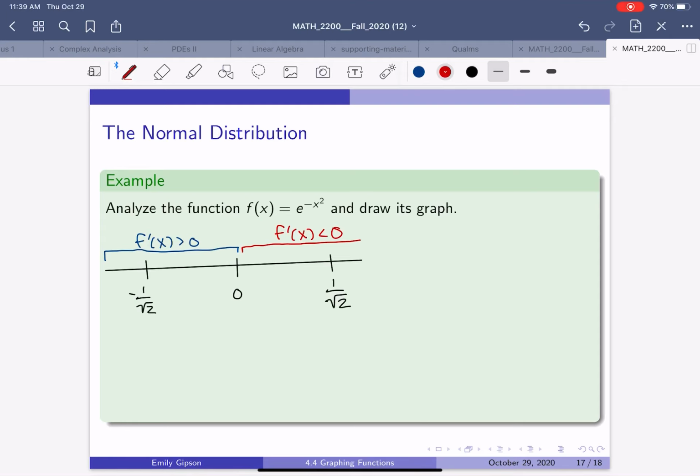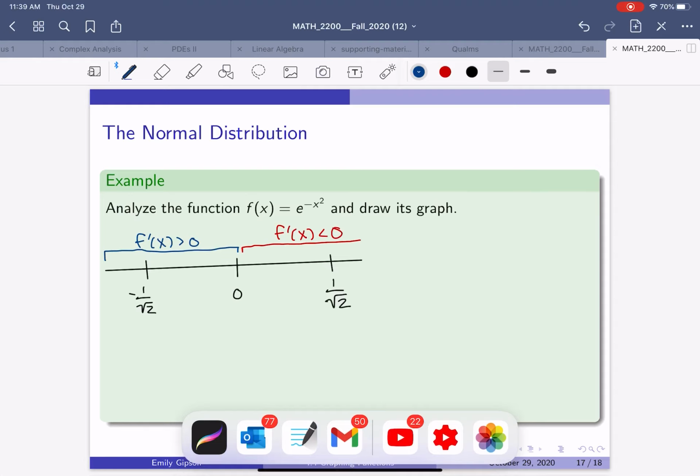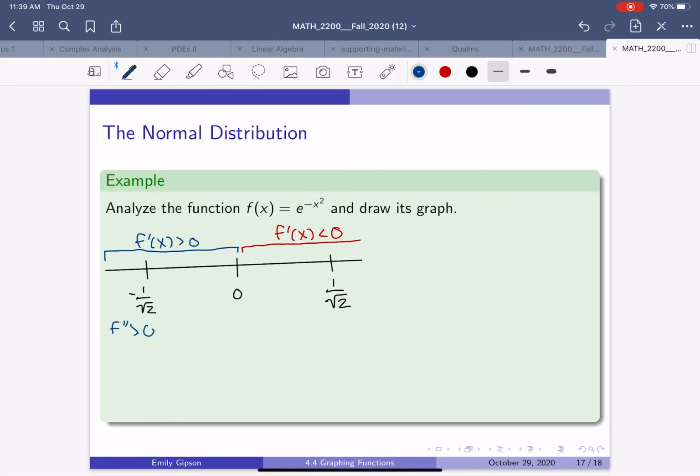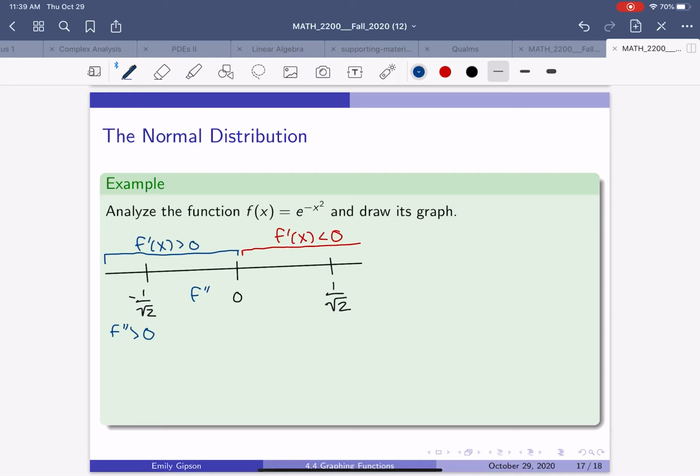So now we just have to test concavity at 4 places. Here, here, here, and here. And when we test concavity, we're going to get f double prime is greater than 0, f double prime is less than 0, f double prime is less than 0, and f double prime is greater than 0.